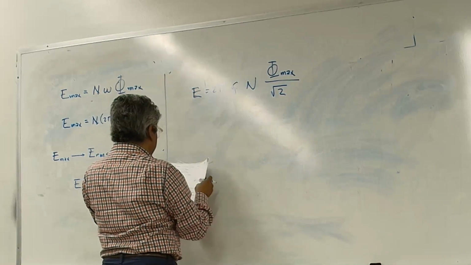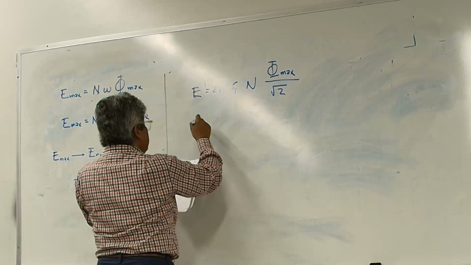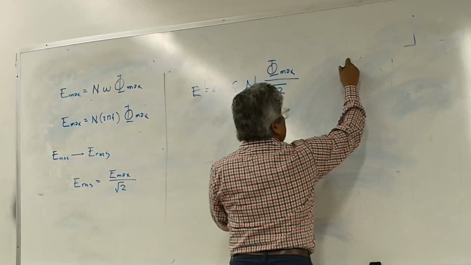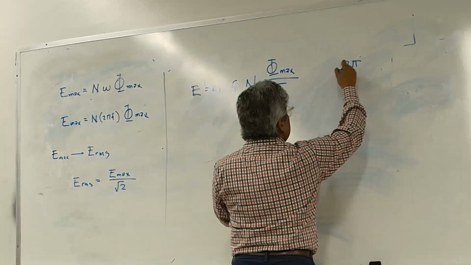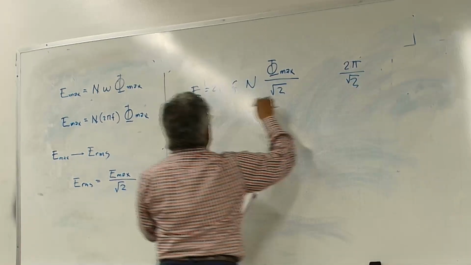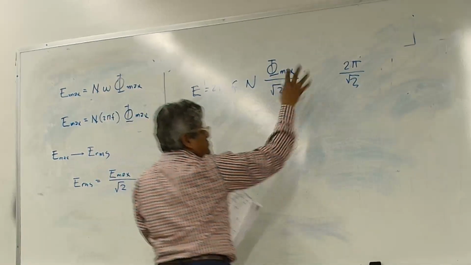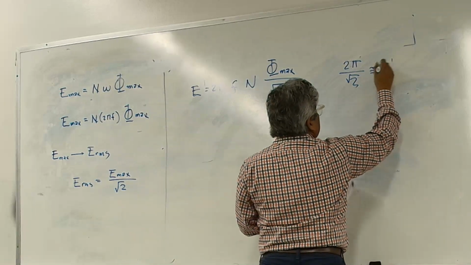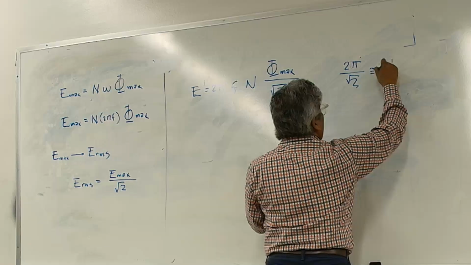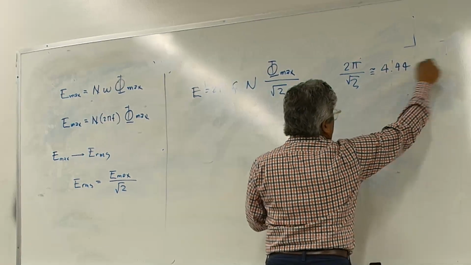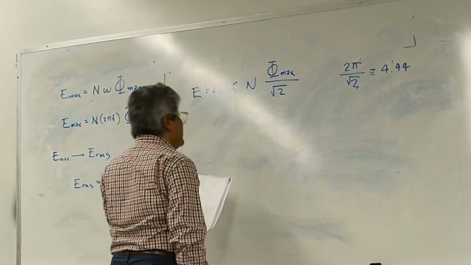That gives me 2 pi over square root of 2, which is approximately 4.44.